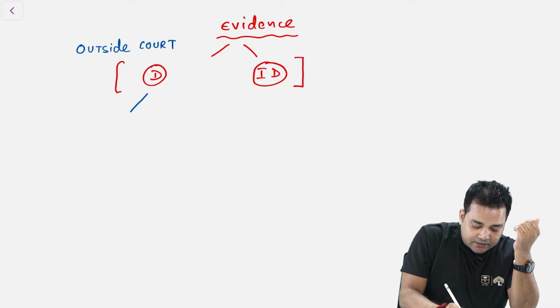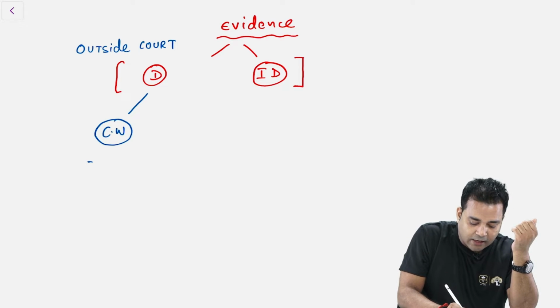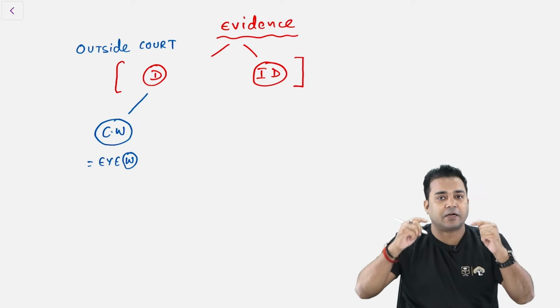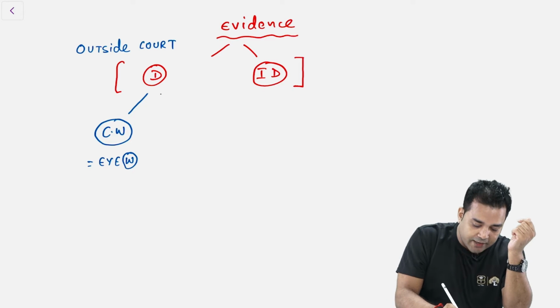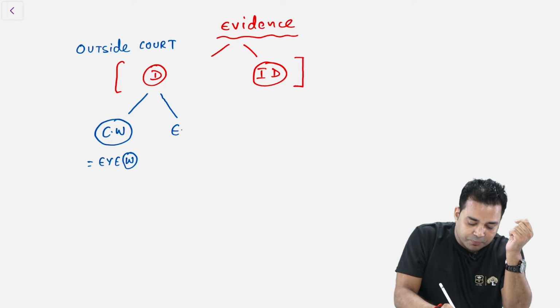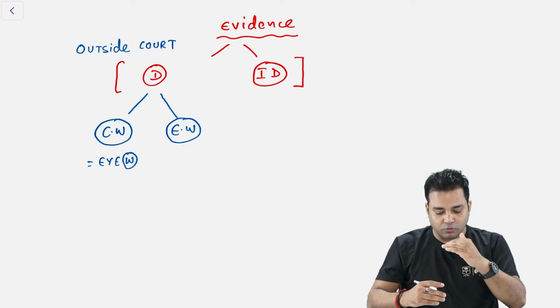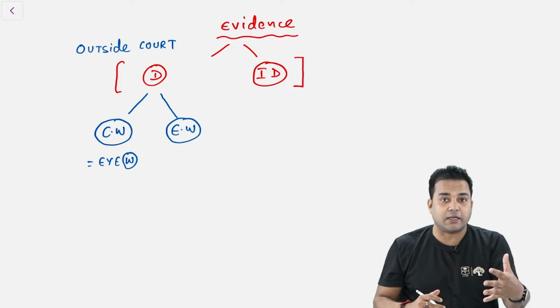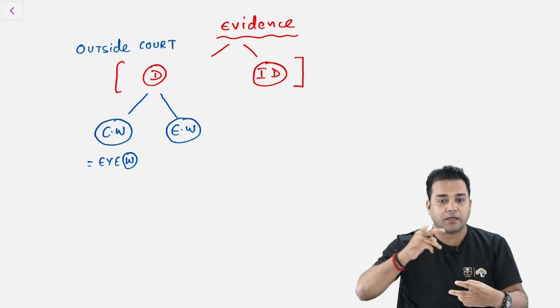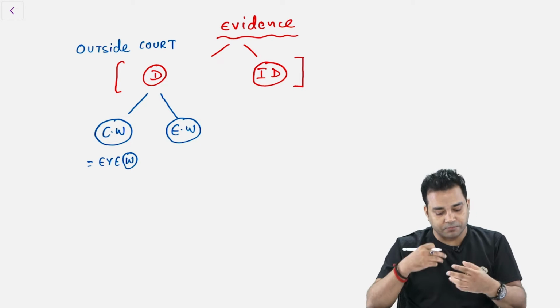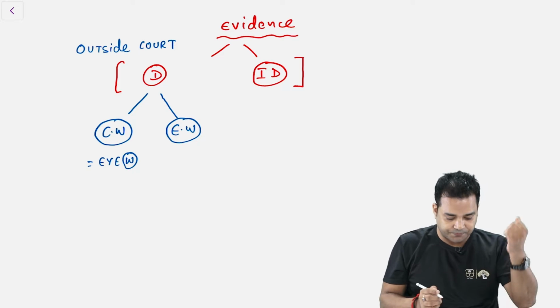And direct evidences are acquired by common witnesses. Who is a common witness? Eyewitness of the case. Who is the eyewitness? The person who has seen the crime occurring. Then direct evidences can also be acquired by expert witnesses. Who are expert witnesses? Any witness whose findings in relation to a case is admissible in honorable courts becomes an expert witness for the case.